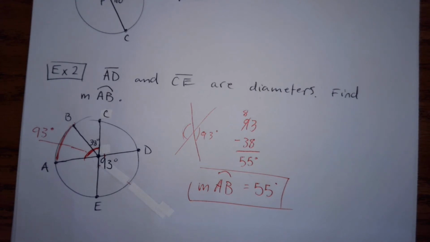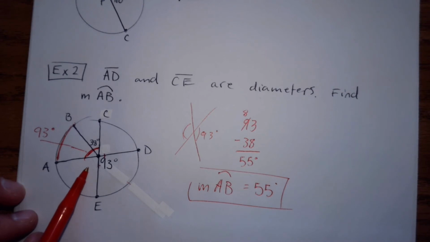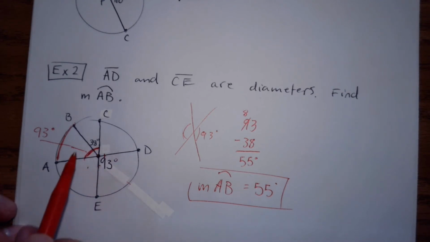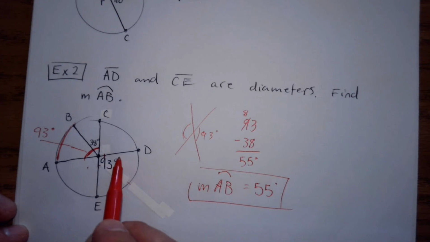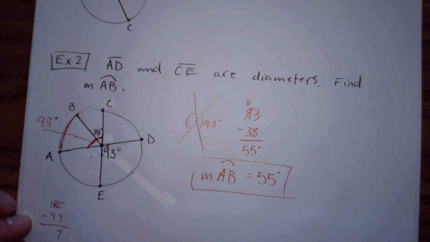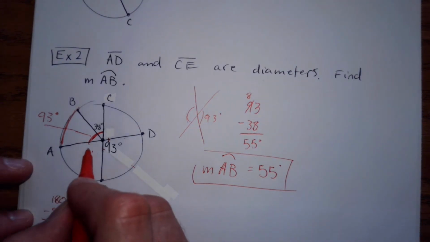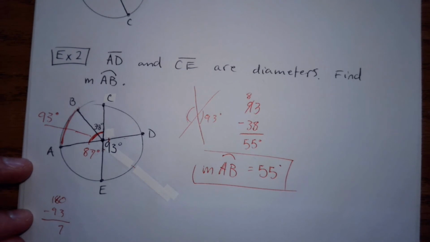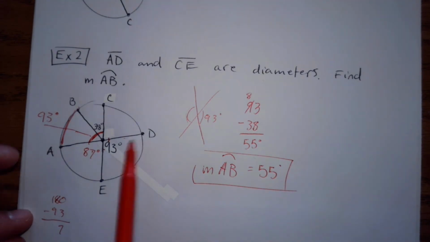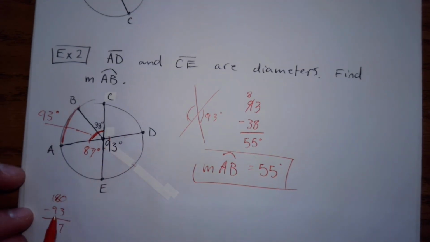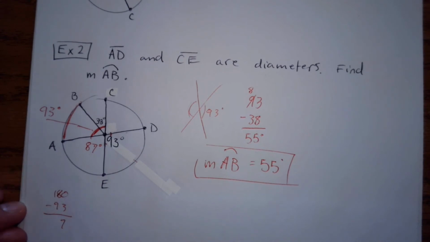We could have figured out this one, right? If this is a straight line, then I can do 180 minus 93. If this is a straight line, then this has to be 87, because I can subtract from 180.